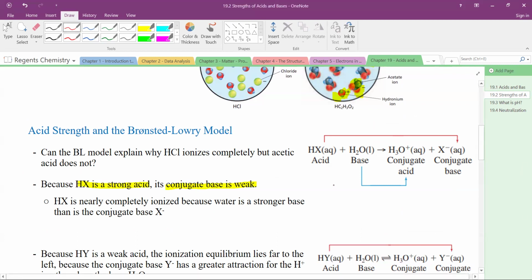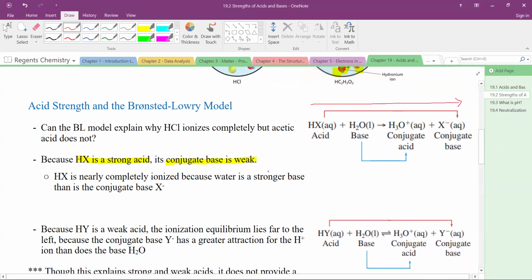It's unable to go backwards in this reaction. It favors the forward reaction at equilibrium. So our HX will nearly completely dissociate into its conjugate base X minus, and it won't be able to attract that hydrogen back. Again, that's a very strong acid.